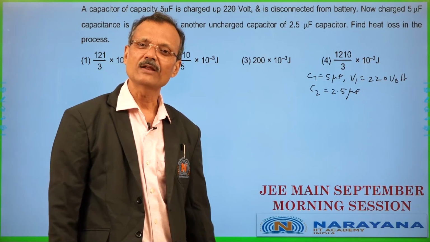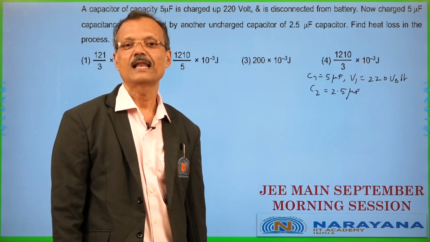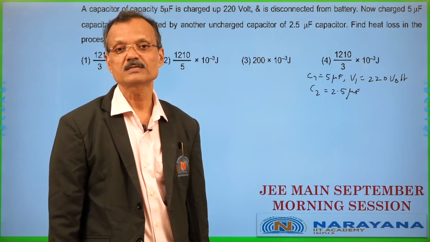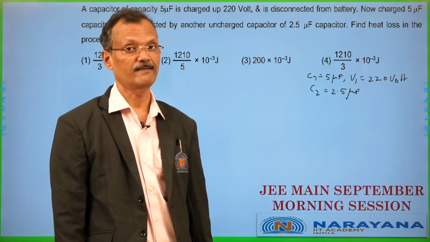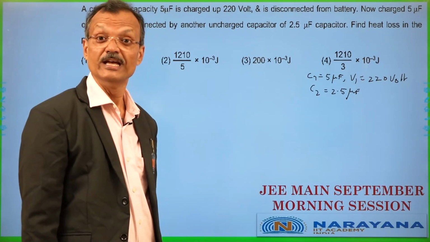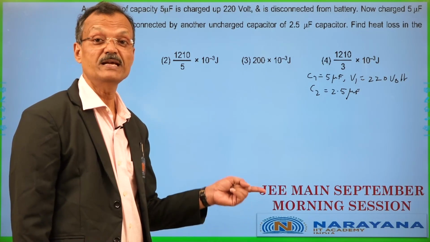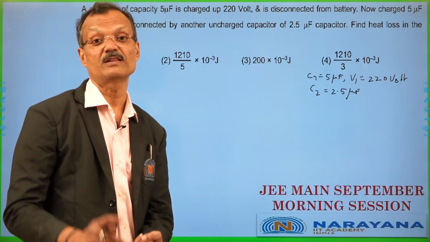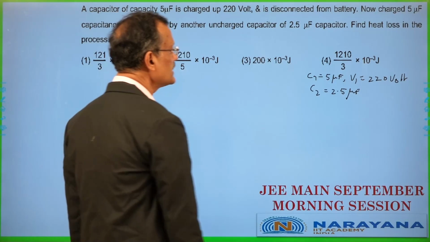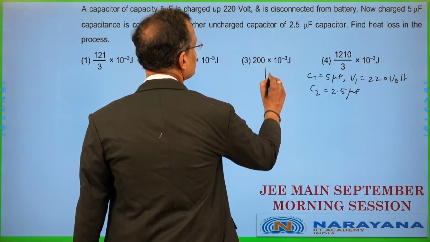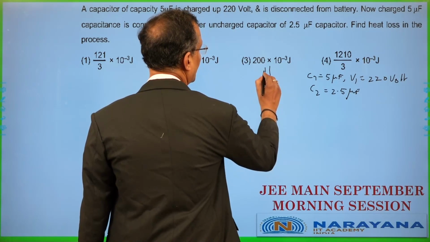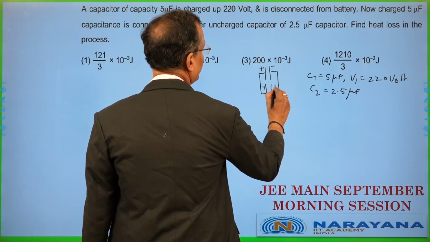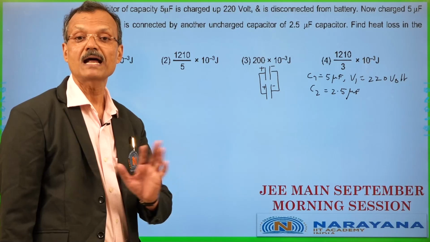Simple. Calculate initial energy, calculate final energy. Whatever the difference will be, that will be lost in the form of heat, light, sound, all. So if they are asking you heat loss, we cannot say this will be complete loss. It will be in the form of light, sound, and heat. Suppose this is one capacitor and this is the other capacitor. When you connect positive to positive and negative to negative, it will be a parallel combination.